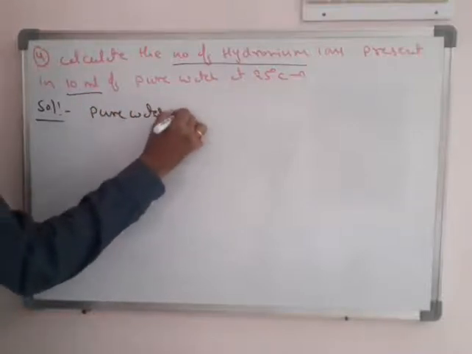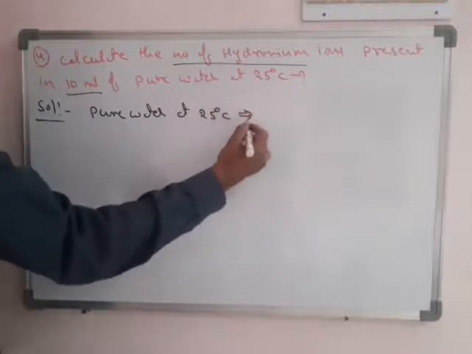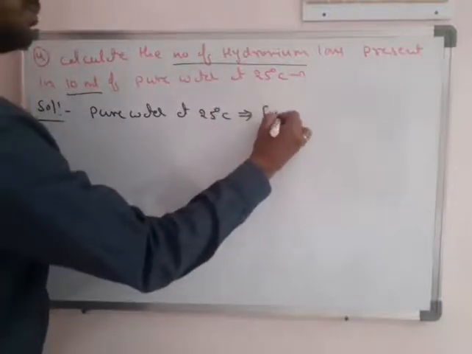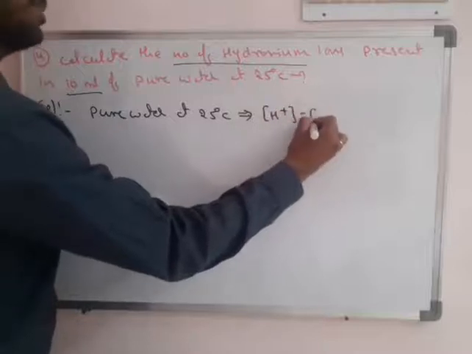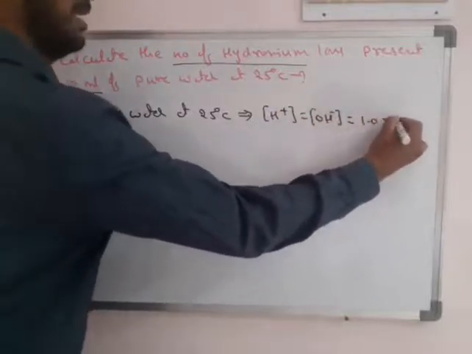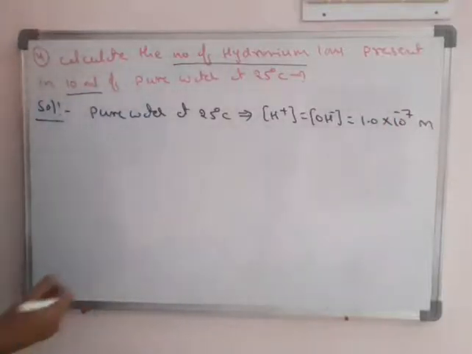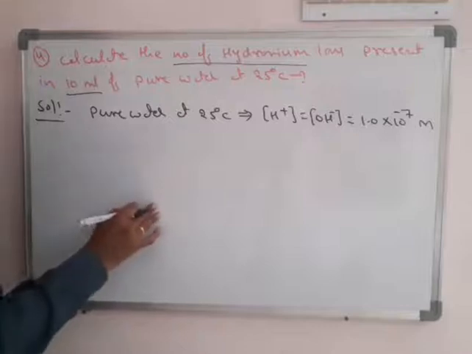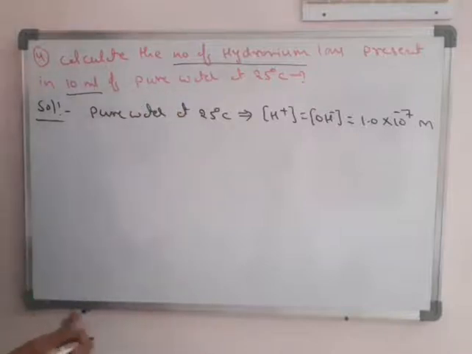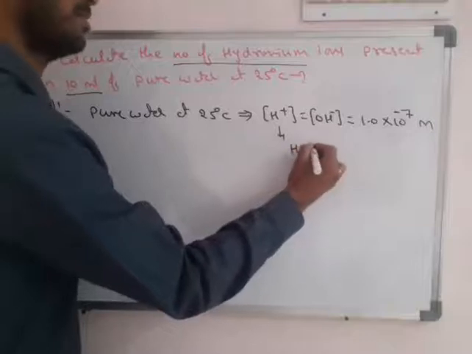Pure water is given, and that is also given at 25 degrees Celsius. So at 25 degrees Celsius, pure water means H plus equals nothing but OH minus equals 1.0 into 10 to the power minus 7 moles per liter, or capital M. But here we are discussing about hydronium. Hydronium nothing but in the place of H plus we can write H3O plus.